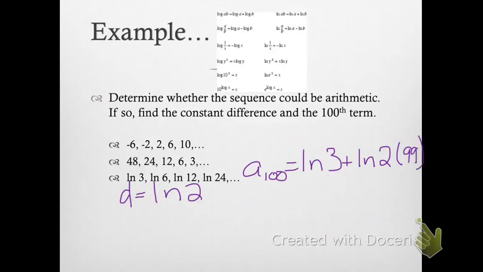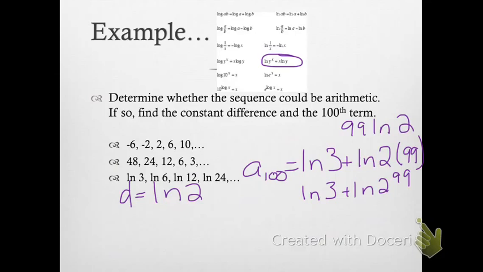So when we have a coefficient of a log, which this really is, we can rewrite this as 99 natural log of 2. We can rewrite that as an exponent. So this is really the natural log of 2 to the 99th. And this is the natural log of 3. And we're adding those together.